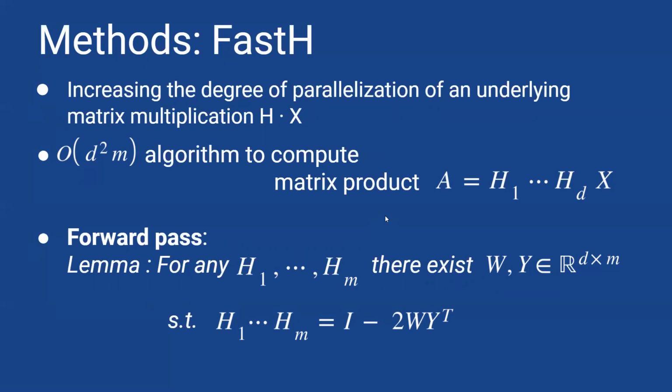It states that for any set of Householder matrices, there exist matrices W and Y such that for the product of these Householder matrices, an equality similar to the definition of Householder matrices holds.